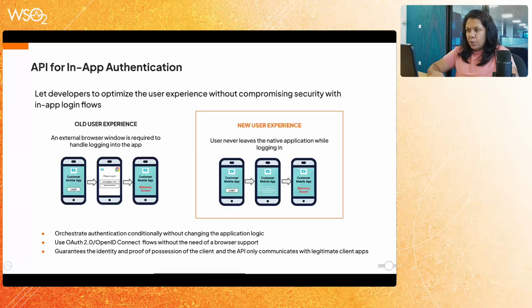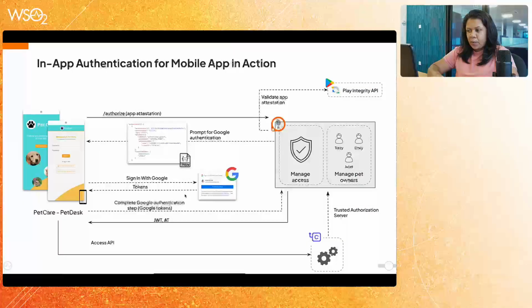So let me walk through a scenario of how this API is utilized in the application. Here the app just initiates an authorization request adhering to the OpenID Connect protocol. Identity server validates the integrity of the app, integrating with the Google Play Integrity API, and responds with available authentication options for the app as configured in the login flow.